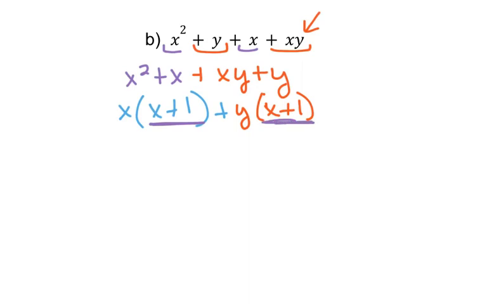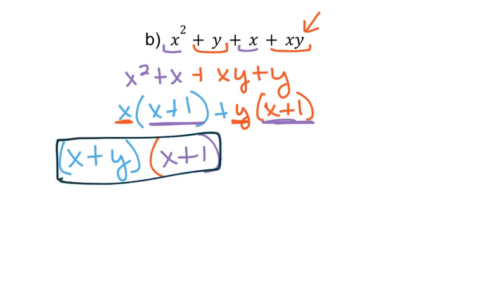Whenever you factor, you want the two things in the parentheses to be the same. So now this would be equivalent to x plus y, so I just took the things from the outside, times your purple underline there, x plus 1, what's in both sets of parentheses. And that should be your answer.